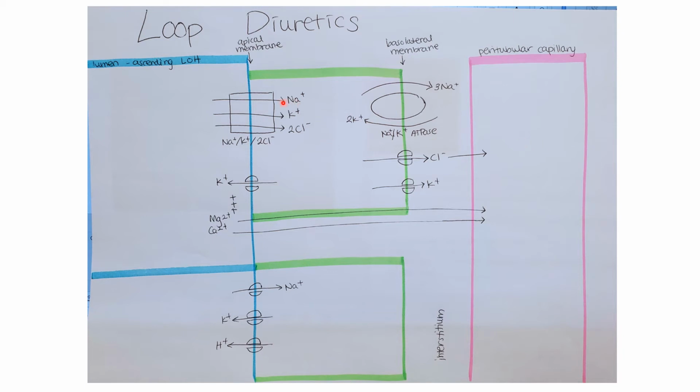And with potassium, potassium builds up in the cell as well because we're actively pumping it in in exchange for sodium, and it's coming in through this sodium potassium 2 chloride symporter. The increased concentration of potassium means that some of them leak out into the lumen, and some leak out into the peritubular capillaries as well, as depicted here.